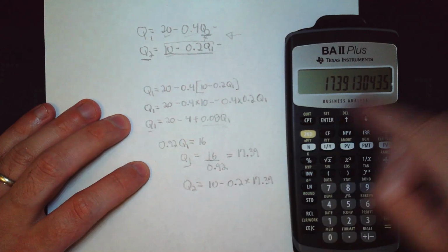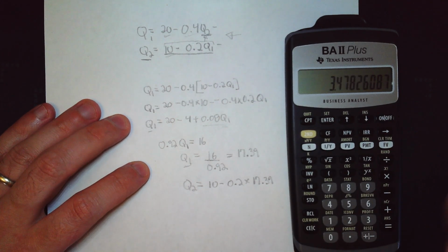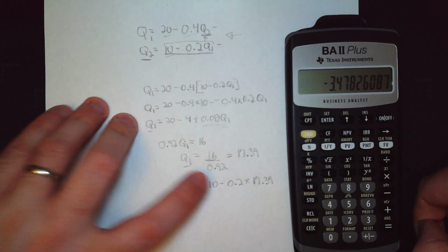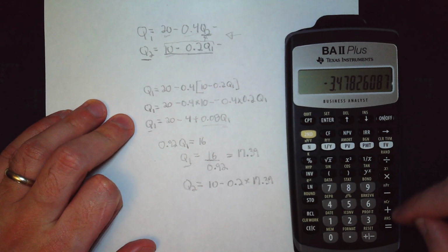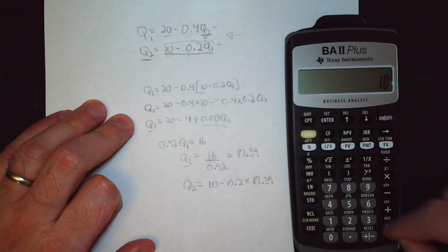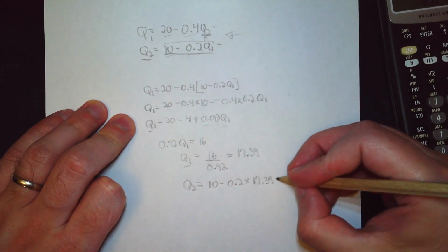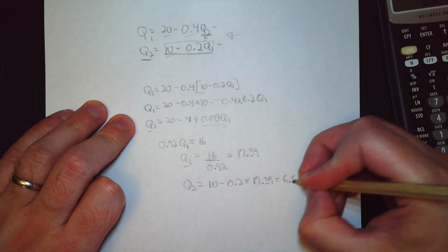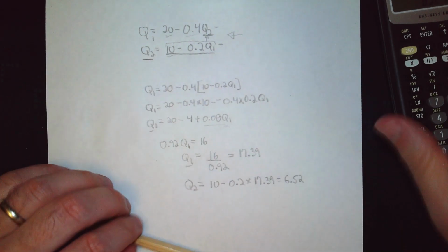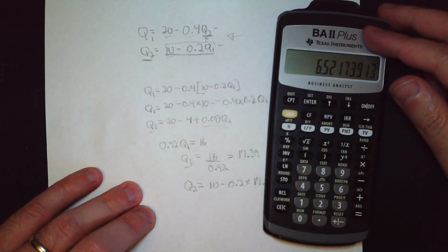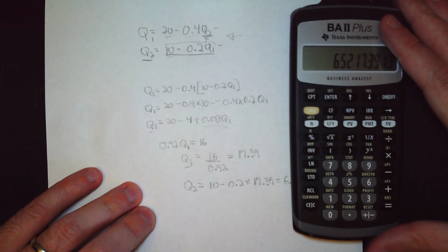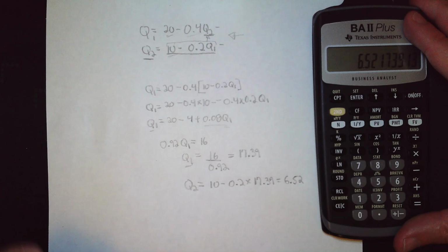So I have 10 minus 0.2 times that, so I'll just do the 0.2. That should be negative because it's minus 0.2 times that, and then 10 minus that is 6.52. So Q2 is 6.52.